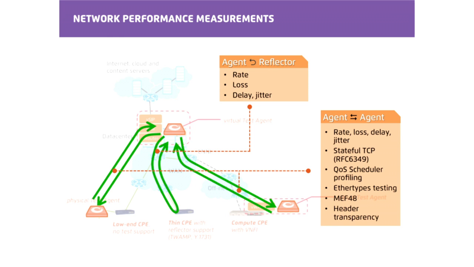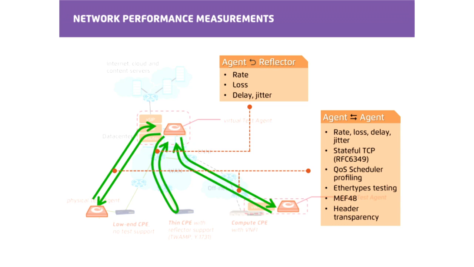And in the left and in the right spokes here, we send traffic agent to agent. And according to the table in the previous slide, we get even more metrics. First of all, the rate, loss, delay, jitter, but also the more comprehensive tests in terms of stateful TCP and more advanced QoS tests. But this is on the network layer now.